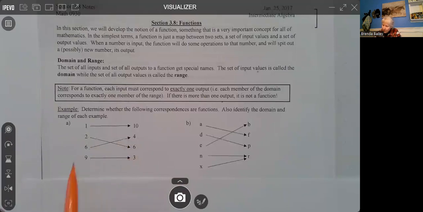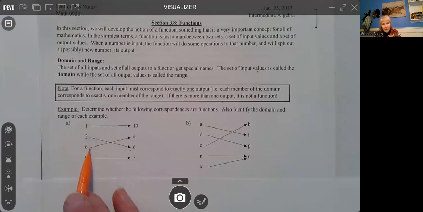Looking at this, the 1 only goes to the 10. It doesn't go to anything else. So far, so good. It's a function. The 2 only goes to the 6. The 2 doesn't also go to the 4. So because the 2 only goes to the 6, we're still a function. I'm looking at these input values individually.